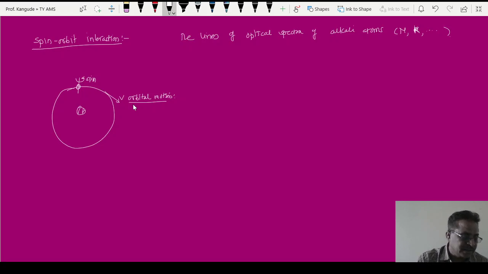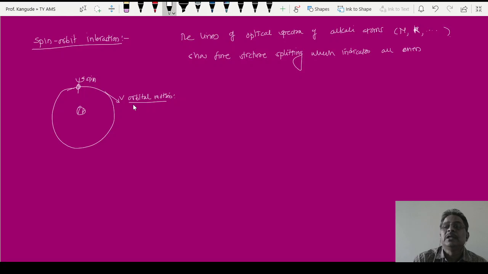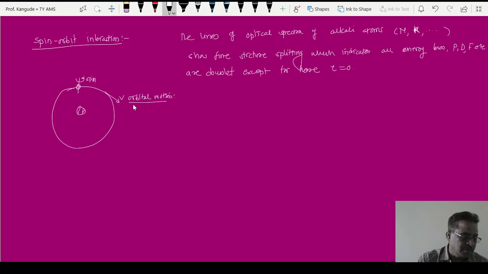Alkali elements show fine structure splitting, which indicates that all energy levels, capital P, D, F, etc., are doublet, except for those with small l equal to 0.